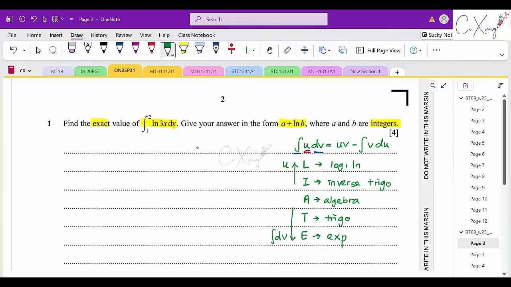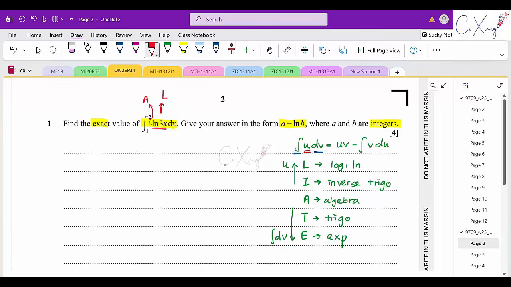So let's have a look at our question here. We have ln 3x dx. If I analyze this, ln 3x is one item, and then I have a 1 multiplied with ln 3x. So the remaining is the integral of 1 dx. You'll see the ln here is a log function, L, and the 1 here is algebra, A. If you compare these two groups, which group is higher?